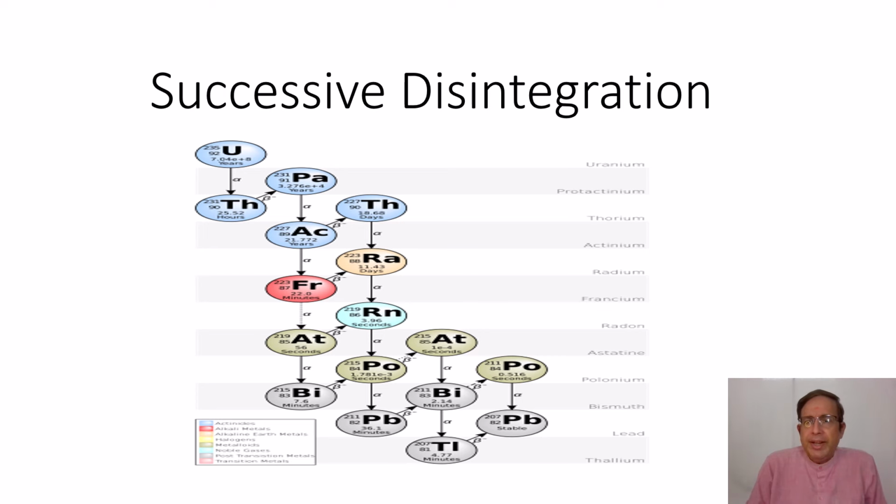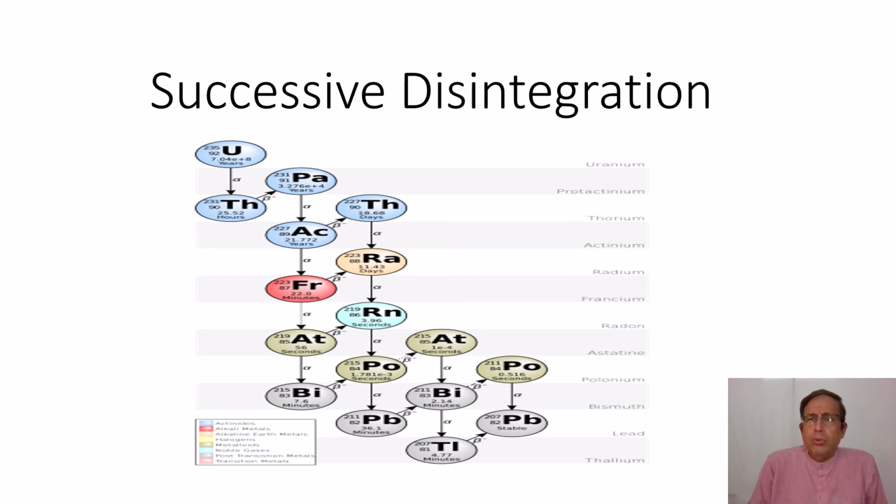So it further decays into another nucleus which is again radioactive, and after a number of steps it finally reaches a stable nucleus. So this is basically a form of successive disintegration in which a nucleus converts into the final stable form through multiple steps in between.